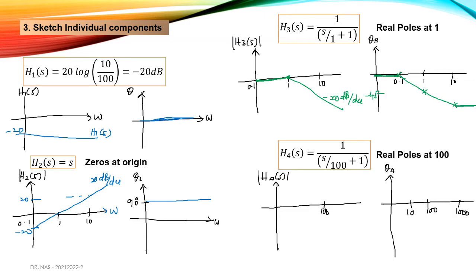Lastly H4, you have poles at 100, so it will be 0 until 100. Poles mean a downtrend, so it goes down by negative 20 dB per decade.